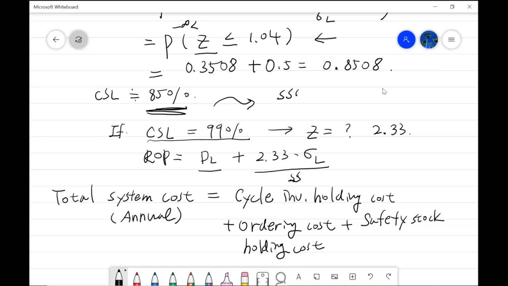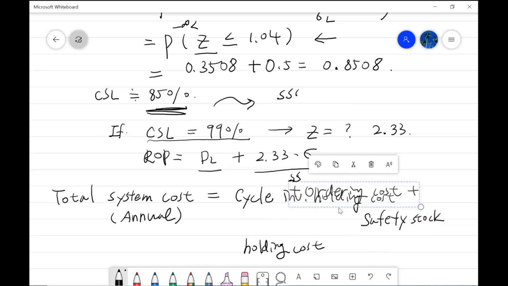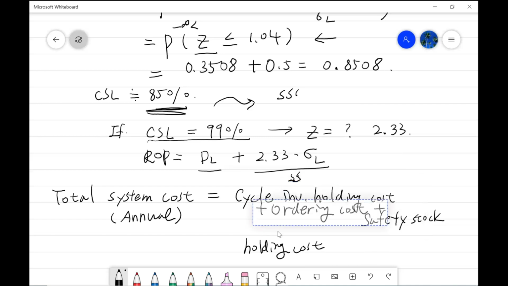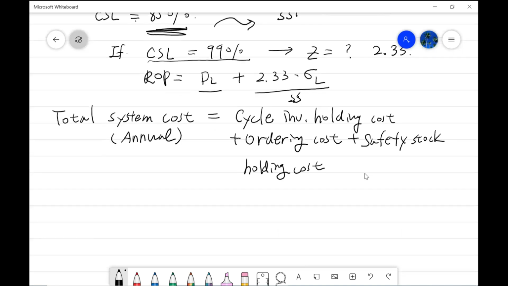Okay. And then the way we indicated this cost formula, that is just because I order exactly the same amount as the EOQ every time.